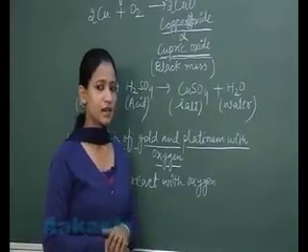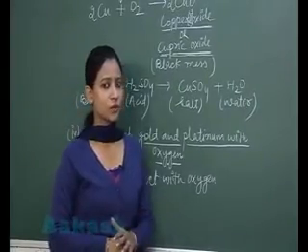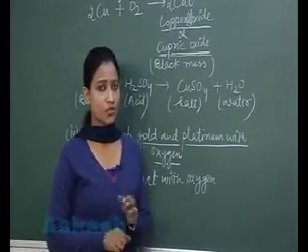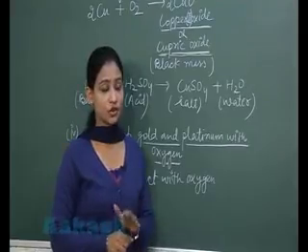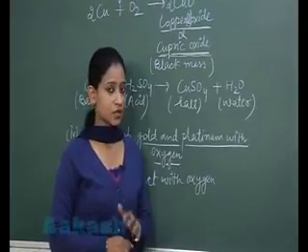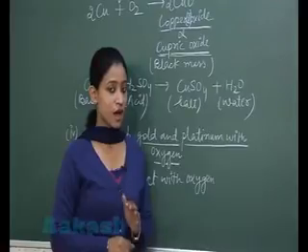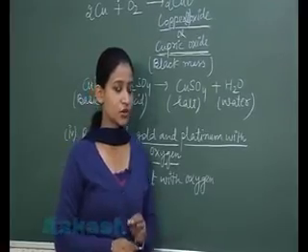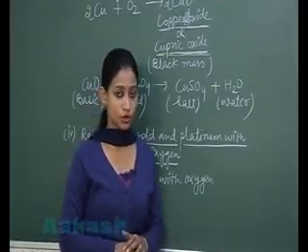Next is that some metals do not react with oxygen at the rate which is expected from their position in the reactivity series. Such metals are like aluminium, iron, zinc. So let us study the reaction of aluminium with oxygen.